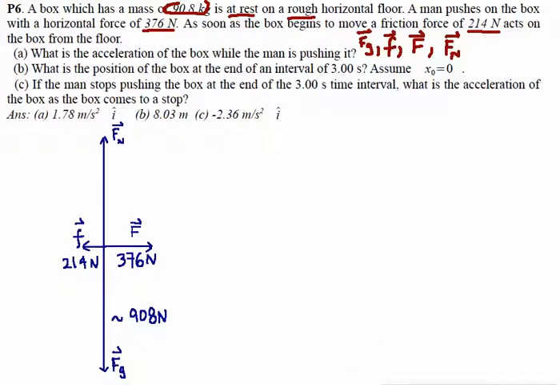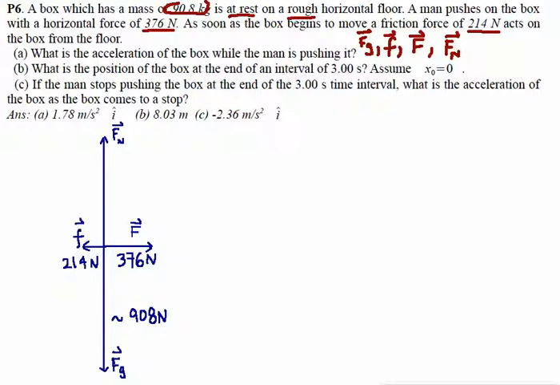We cannot know the exact length of the arrows, but we can estimate them. Fg is roughly the mass times 10, so it's roughly 908 newtons. In this case, the only force that is pressing downward is Fg, so Fn is reacting to Fg only.